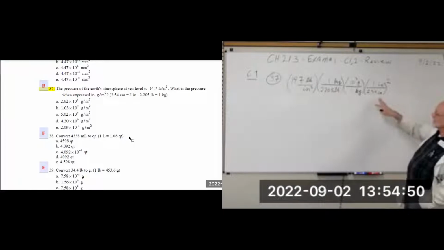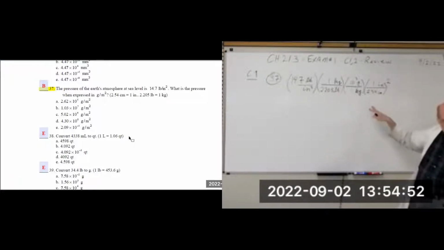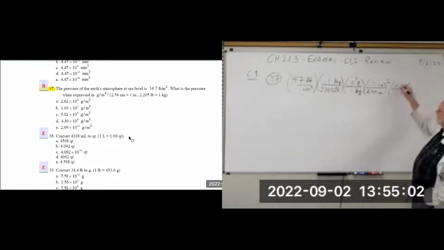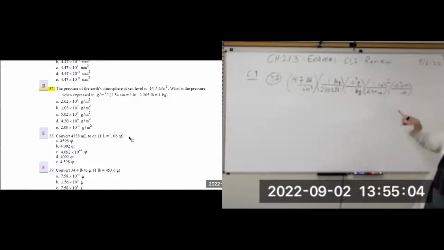Okay, we got centimeters, but we got square centimeters. Now we need square meters. So we need centimeters and meters. So we have 100 centimeters in a meter, but we still need to square it, correct? Because that's squared now. We need to square this, square that, square that.